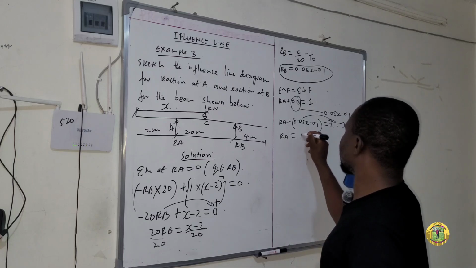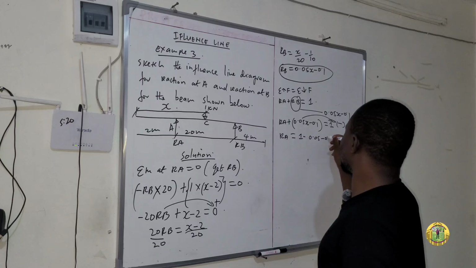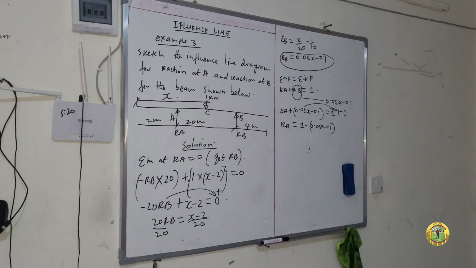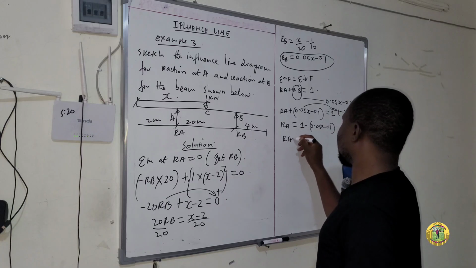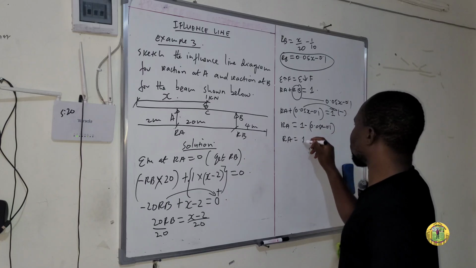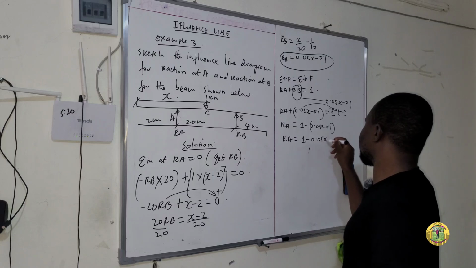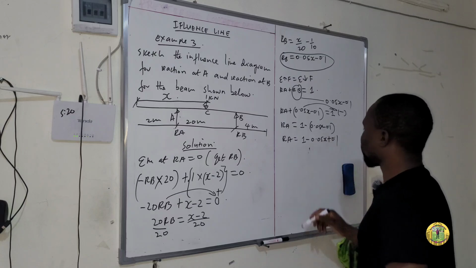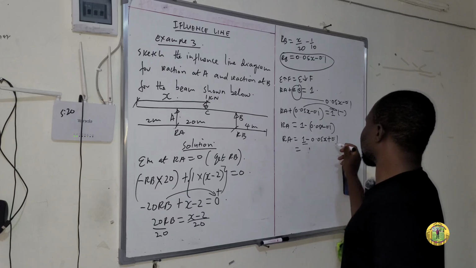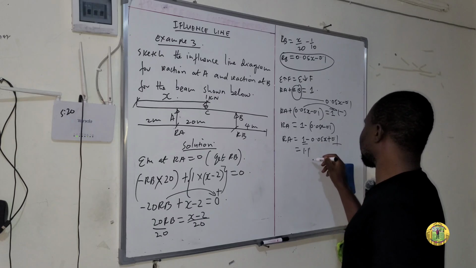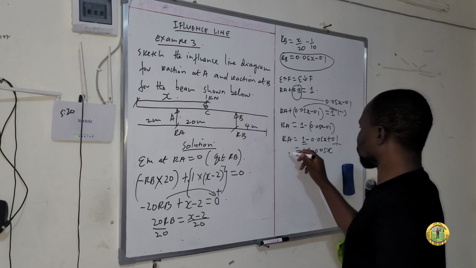Therefore, RA is equal to 1 minus 0.05x minus 0.1, like that. So RA is equal to 1, open the bracket, minus 0.05x plus 0.1. So RA is 1 plus 0.1 is 1.1 minus 0.05x. So this is RA.